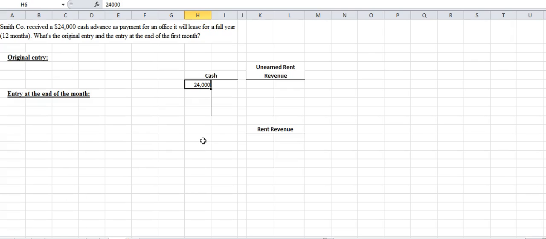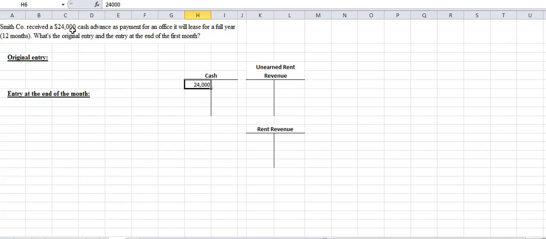In this case, you're promising rent. You're promising the usage of an office, right? So as your customer, the person that gave you the $24,000 uses the office, you will be earning your money.